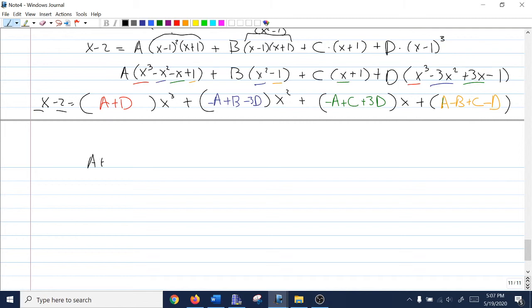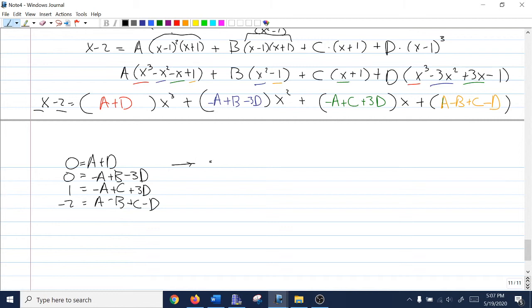So I need a plus d to equal 0. I love those zeros. I need negative a plus b minus 3d to equal, what's my x squared coefficient? It is also 0. I need negative a plus c plus 3d to equal 1, and I need a minus b plus c minus d to equal negative 2. Can I solve this?